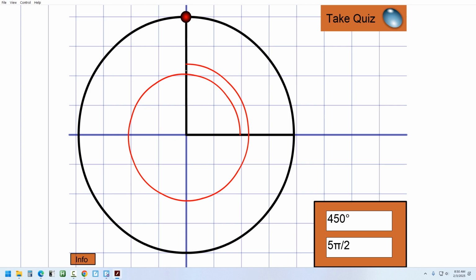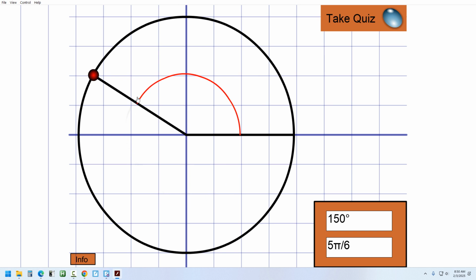But 450 is the same as another angle we just talked about. What angle that's smaller is exactly the same as 450? And when I say the same, I mean this little red circle would land right at the top, just like it is now. 90. Yes, 450 has the exact same coordinate as 90.